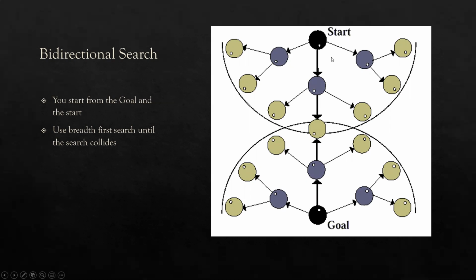Because if we just use a simple breadth first search, you're gonna have to examine all these nodes, and let's say there are more nodes over here, you're going to have to examine all of those along with its children until you hit the goal. And by this time, you'll have to fill up all these areas on this end and this end before you'll even get close to the goal.